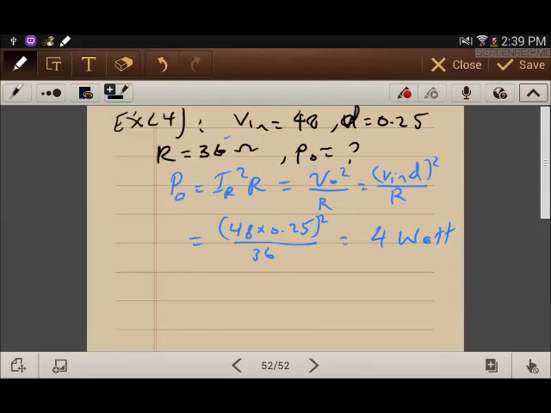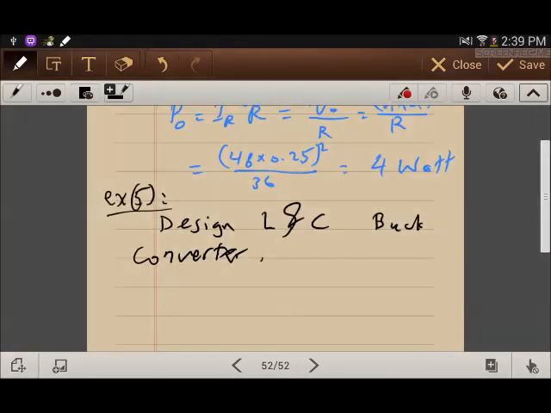Next example is design L and C for a buck converter. The input voltage varies between 34 and 38 volts.